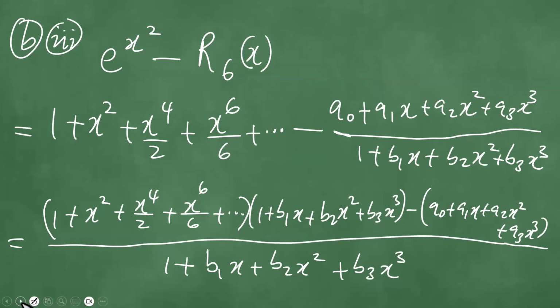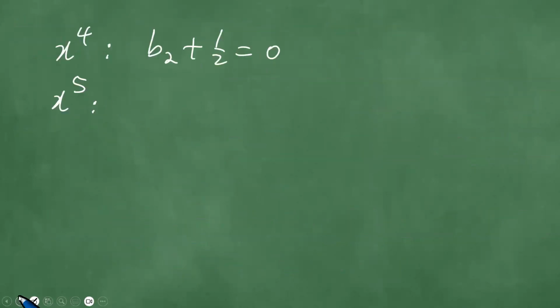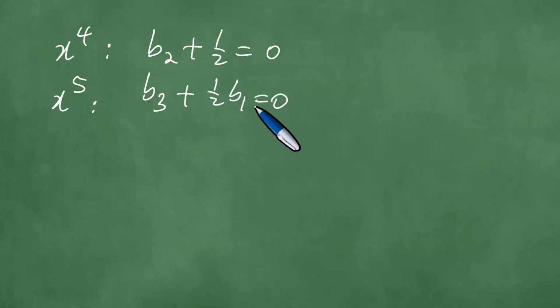So x to the fifth power is going to have the following coefficients. We're equating everything to 0. Very clever trick in this question, presenting a different dimension to the Pade approximation technique. So this one is B3 plus half B1 equals 0.